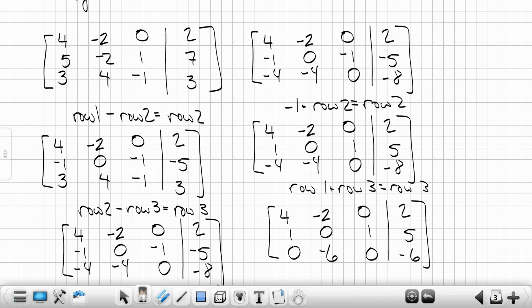Oh, now I know what we could do. Wait, I think I know what we could do. Hold on, negative 6 by row 3. Negative 6 times. Wait, you're right. Divide row 3.